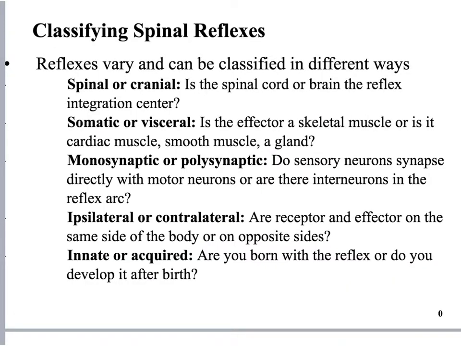Now, spinal reflexes have that structure. That last one we just talked about was a 3-neuron reflex arc. So we can classify them in a couple different ways. One of the ways is whether there are 2 or 3 neurons. Is it monosynaptic or polysynaptic?